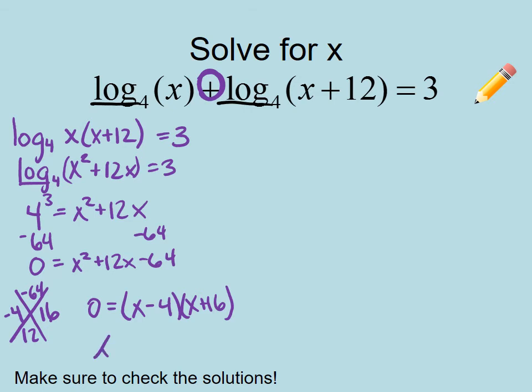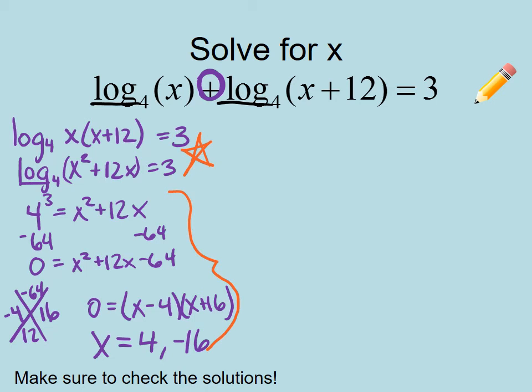So in the end, I have solutions of 4 and negative 16. Other than those first two steps, everything else is just a refresher of factoring. So for that second part, if you have any struggles, you'll want to look back on your notes of factoring.